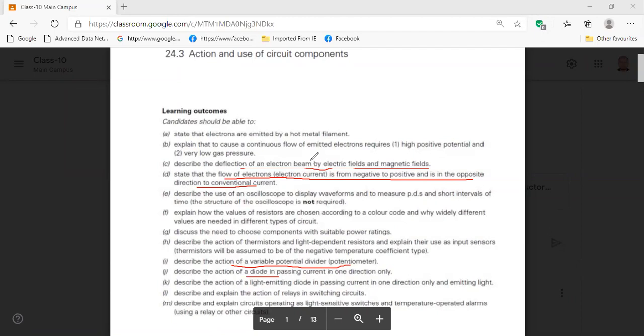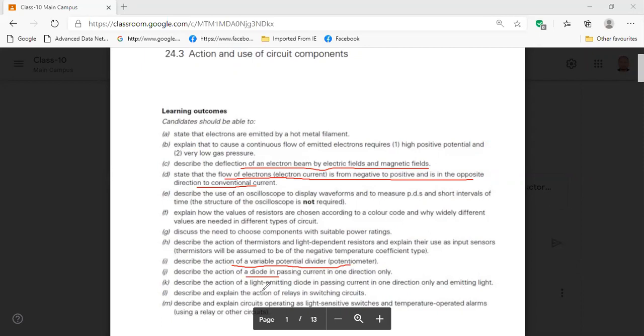Could someone remind me of the D part? Do you know the flow of electrons in a normal circuit? Conventional current direction is from positive to negative, but electron flow direction is from negative to positive.